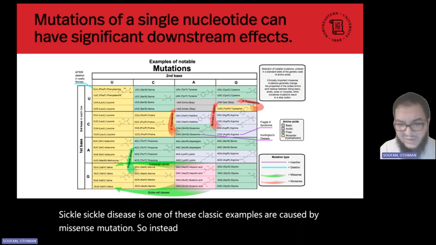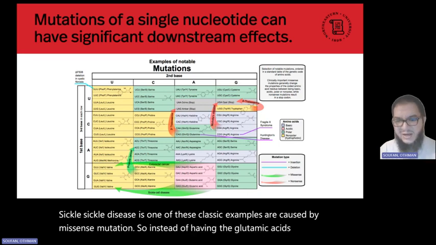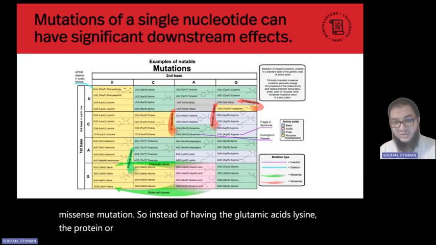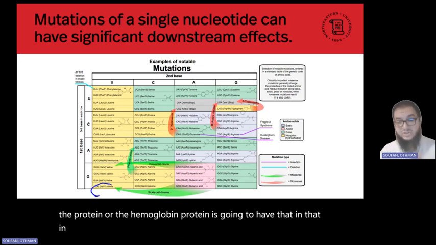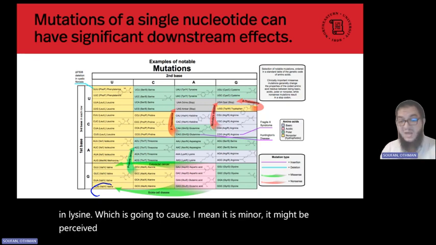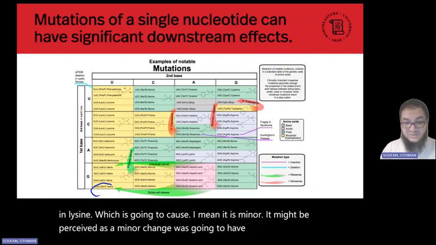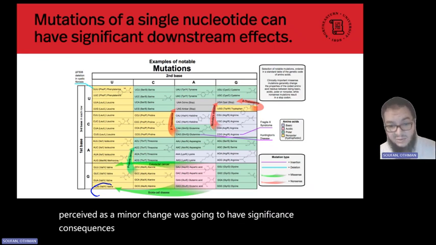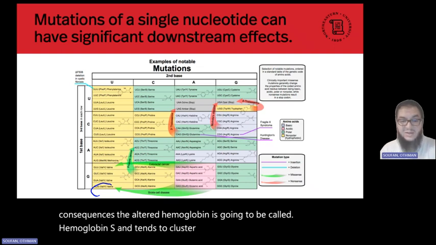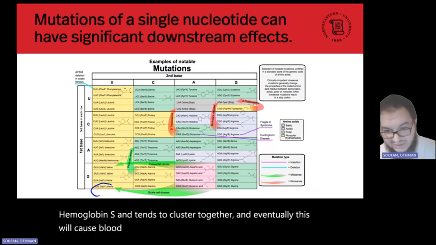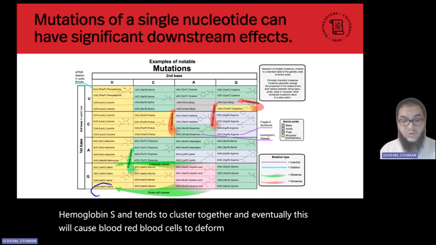So instead of having glutamic acid, the hemoglobin protein is going to have valine, which might be perceived as a minor change, but it's going to have significant consequences. The altered hemoglobin is called hemoglobin S and tends to cluster together, and eventually this will cause red blood cells to deform into what's called a sickle shape.